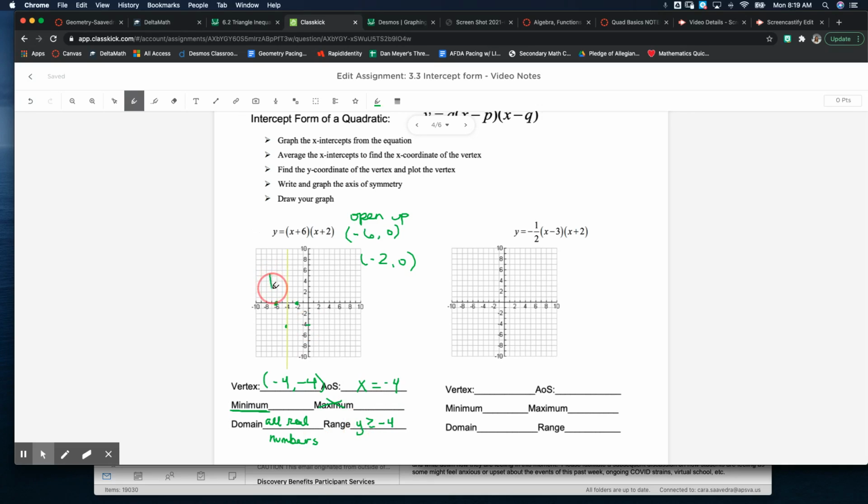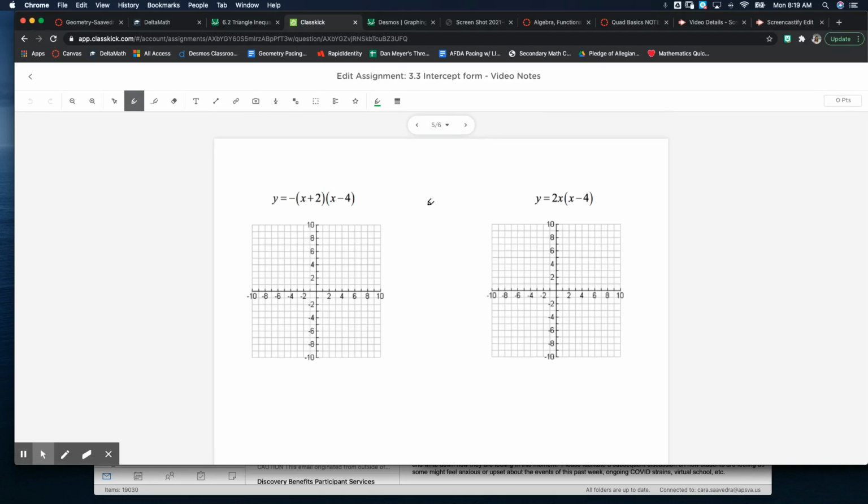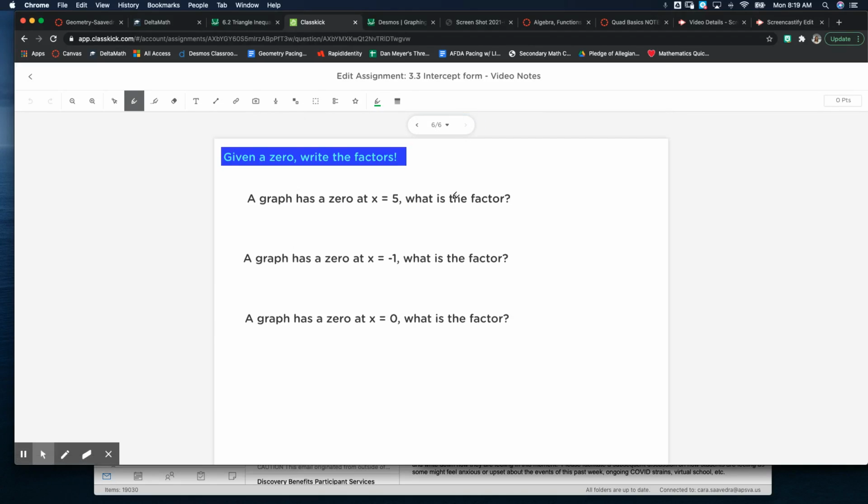So I'm going to draw in that parabola right there. Okay. All right, so you could try this one if you wanted to. We're actually going to have a problem in the homework that's going to make you do your own.